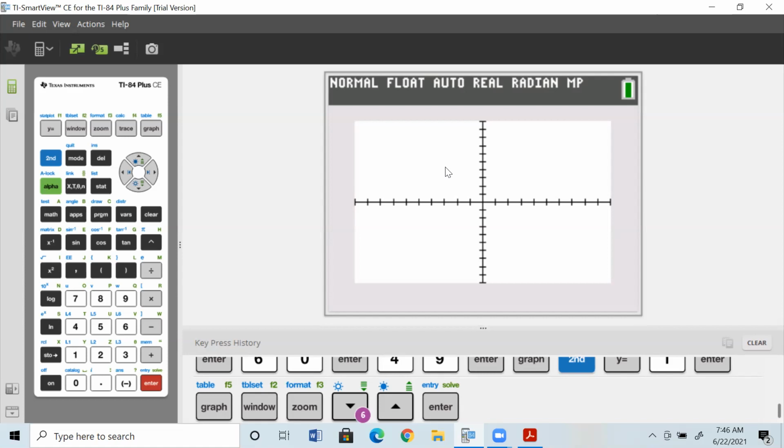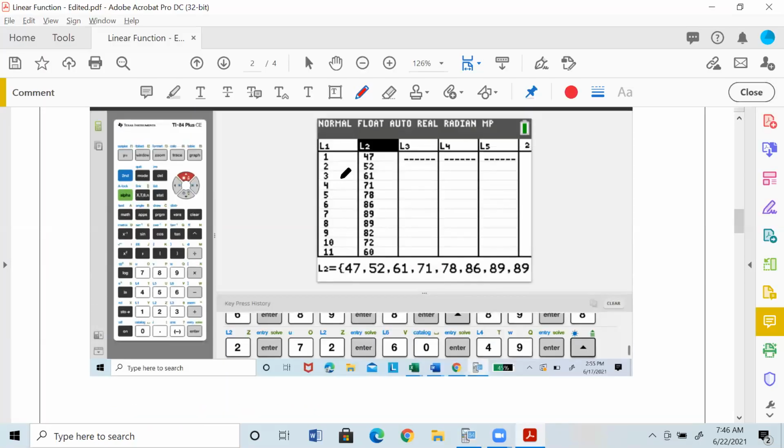Again, though, our goal is to plot the points that we have. And so we will have to adjust our window to fit those points. Recall back in our entries here for the table, our X values are between 1 and go up to 12. The L2 values are generally in the 40 to maybe up to 90 range.